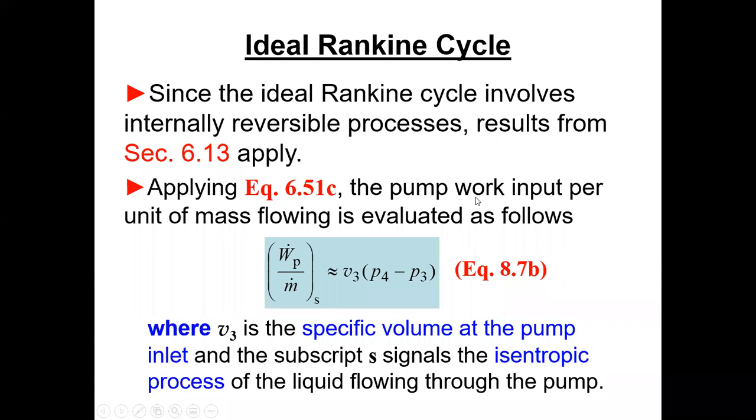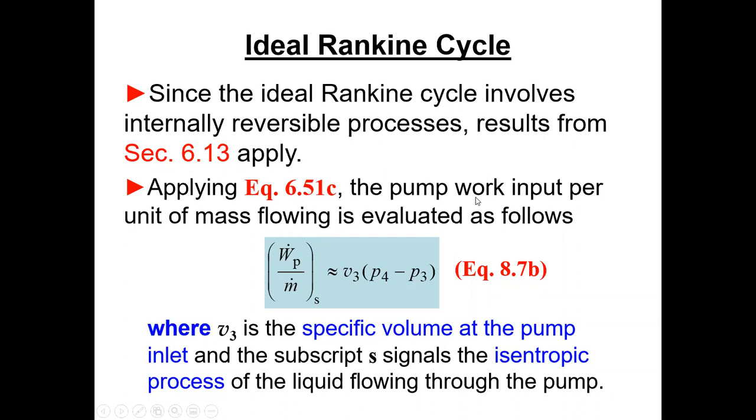So the isentropic work, if you go back and look at 6.51c, what you see is that the work required by the pump, or done on the working fluid by the pump, per unit mass is the integral from the inlet to the outlet stage of the pump of v dP for an isentropic pump.